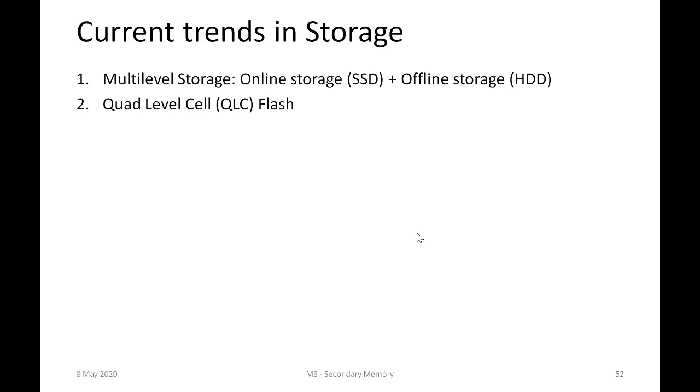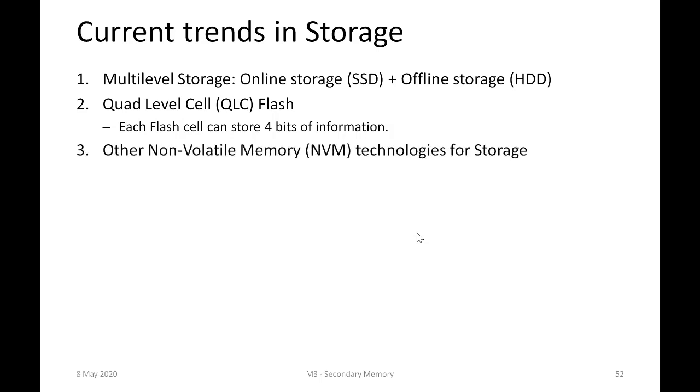Currently, the flash cell designers are exploring quad level flash cells, wherein we can store 4 bits of information in each flash cell. So this has been enabled both by the developments in the fabrication and the process technology. Apart from flash cells, there are few other non-volatile memory technologies that are being explored for storage. For example, magnetic resistive RAM, MRAM, is being explored by Buffalo company.